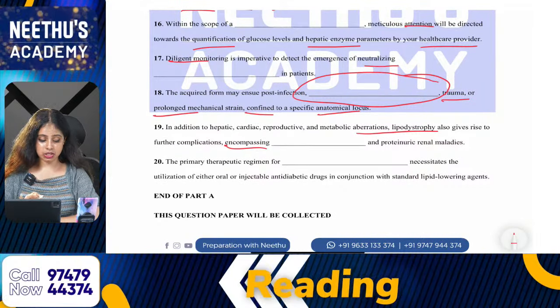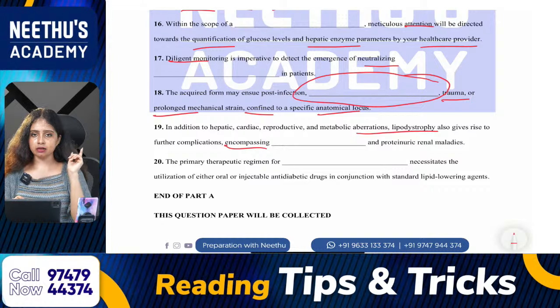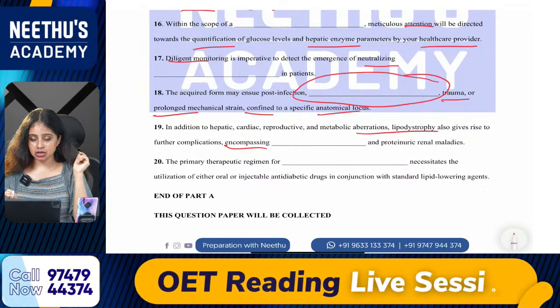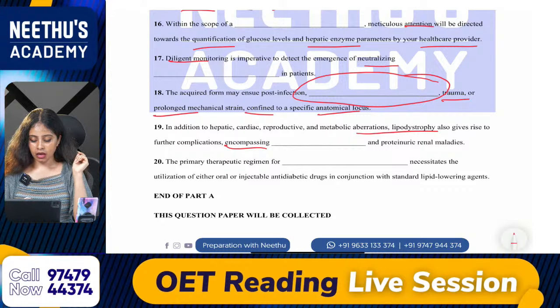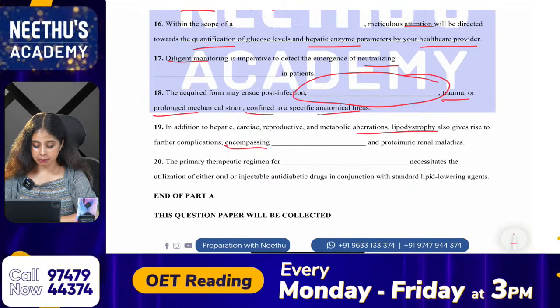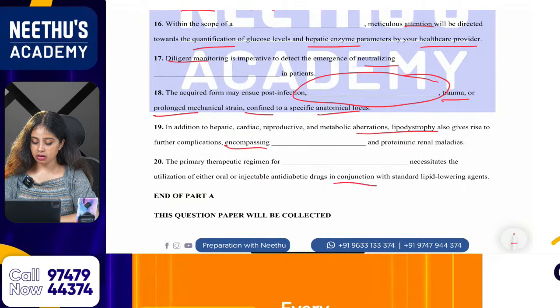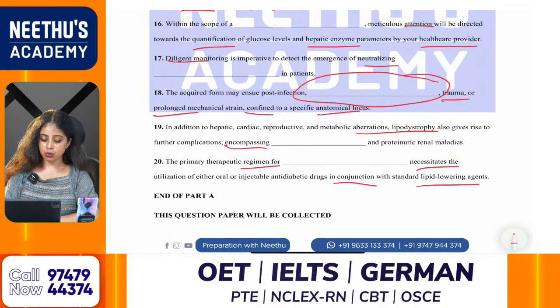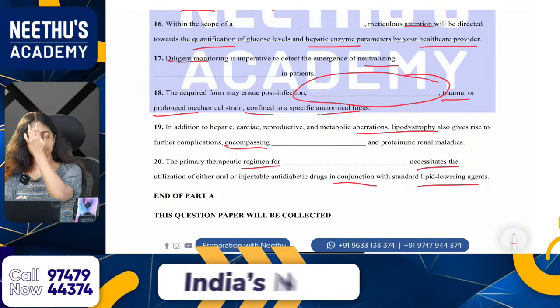Okay, then the last question. We are moving to the last question. Any idea? The primary therapeutic regimen for dash necessitates the utilization of either oral or injectable anti-diabetic drugs in conjunction with standard lipid lowering agents. So what is the answer? Any idea? Primary therapeutic regimen.